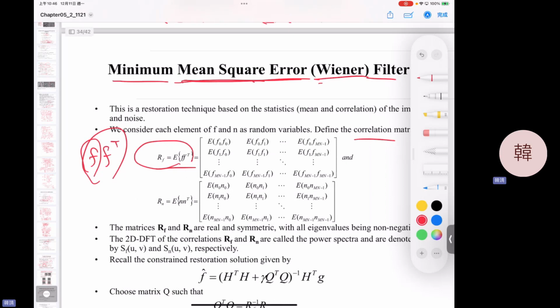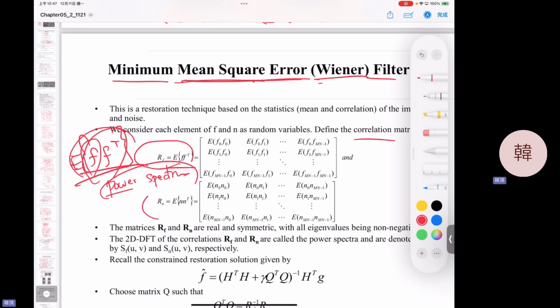And if you take the expectation of this, what is it? Actually, it's the power spectrum of your image. If you take a Fourier transform, it becomes the power spectrum, the square of the image.